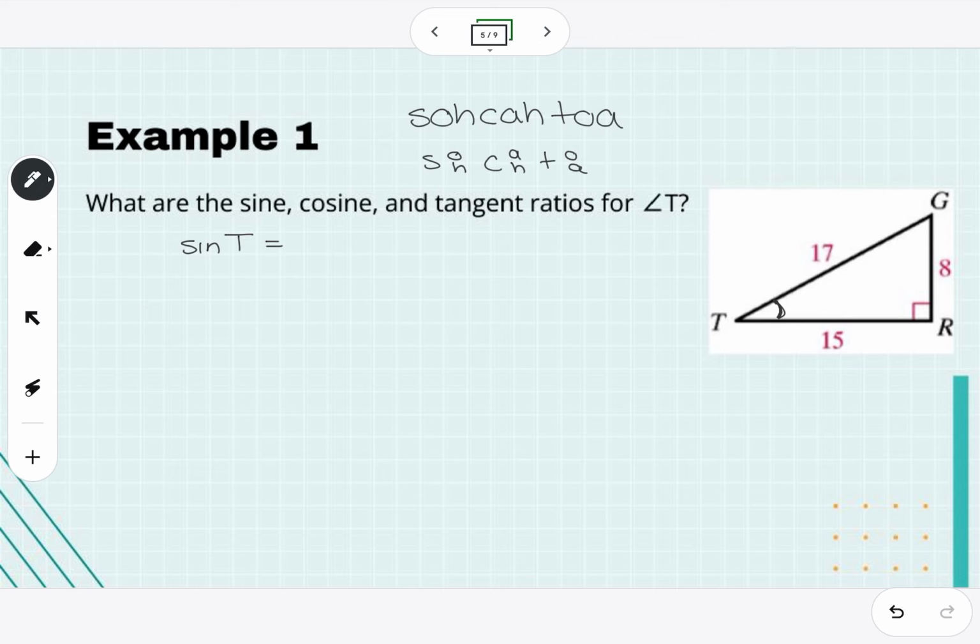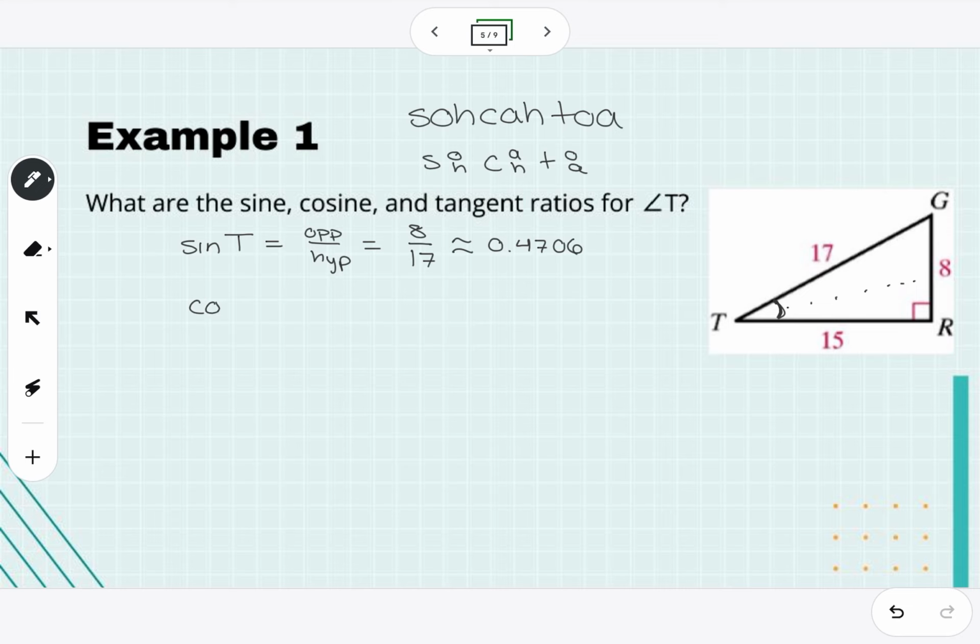Sine would be opposite over hypotenuse. The opposite side from angle T would be 8. The hypotenuse is across from that right angle, so 17. So the sine of angle T, that ratio would be 8 over 17. If you plugged it into your calculator, you would get 0.4706, something like that.